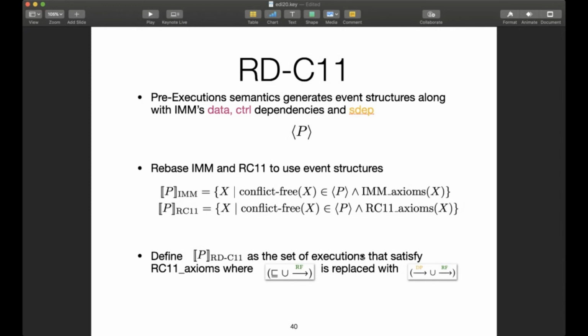The way we intervene on standard RC11 is to generate that set of pre-executions in our semantics that builds semantic dependency. So we build the event structures for your program. We take arbitrary read values.